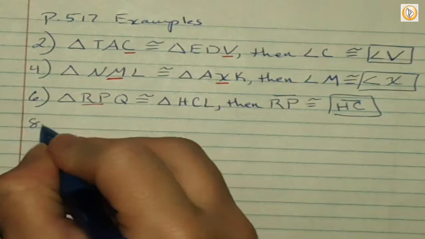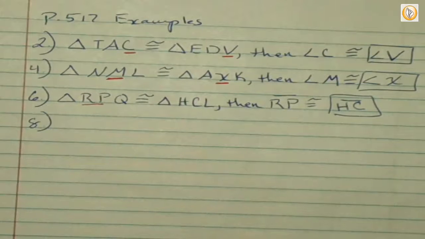All right, 8. Let's see. Taylor, read the directions. No, in your book. Given triangle similarity statements, complete the following statements of congruence of corresponding parts. Okay, so this is very similar.